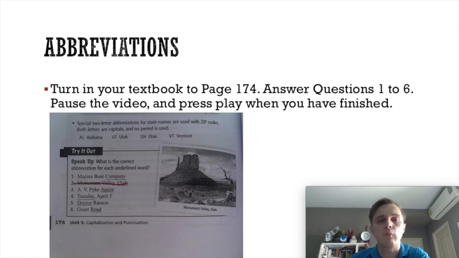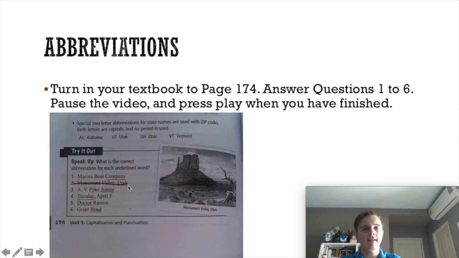So, when you get your textbook and look at questions 1 to 6, I want you to cross out number 2, because the abbreviation it's asking for is for the state Utah, which you would abbreviate as UT, but I don't need you to remember that.